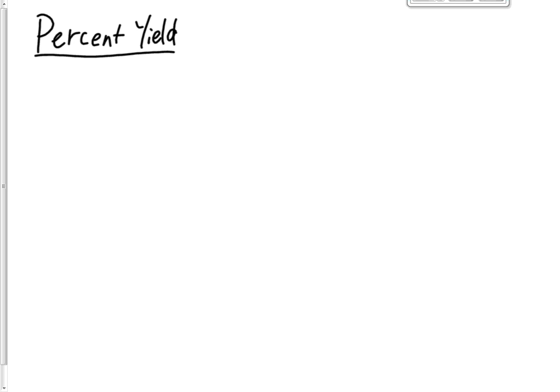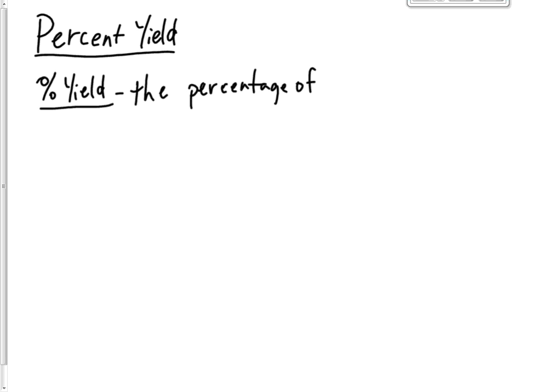Okay, so let's talk about percent yield. The first thing we have to do is get a few definitions out of the way. So first definition is the percent yield. This is the percentage of products produced.